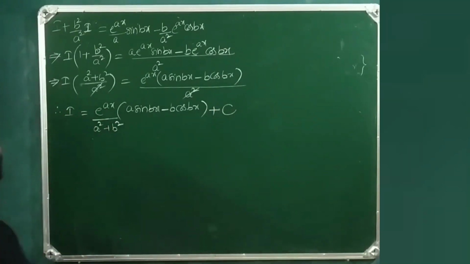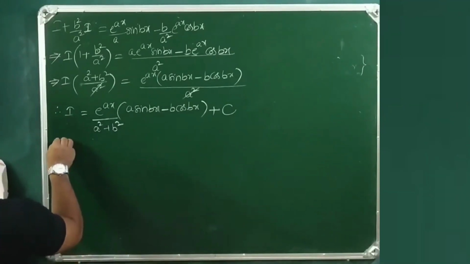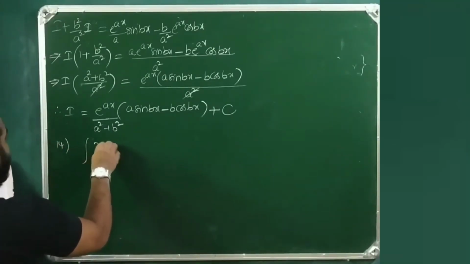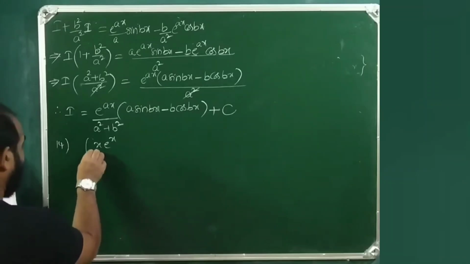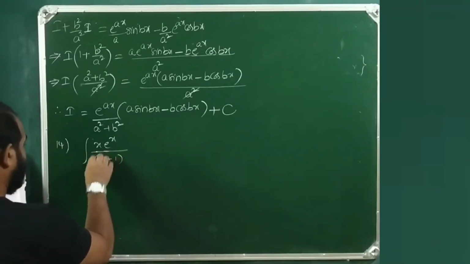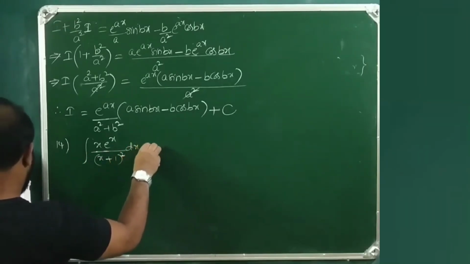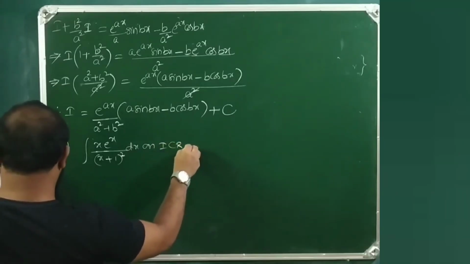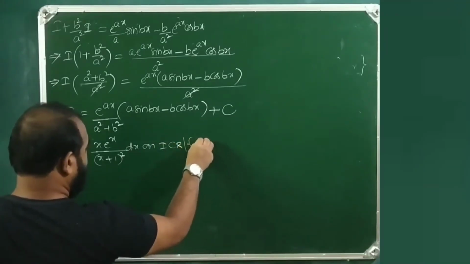So let us see the next question. It is integral of x sec x by (x plus 1) whole square dx, where I is a subset of R such that x is not minus 1.